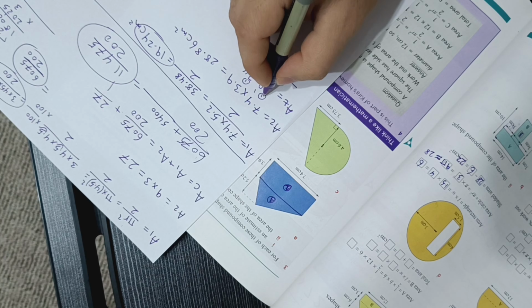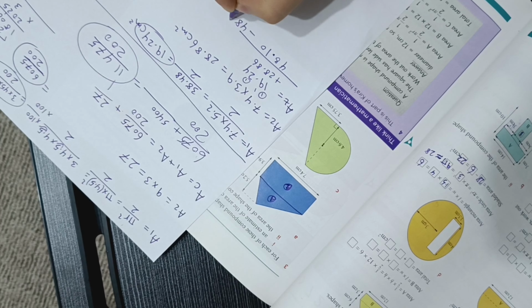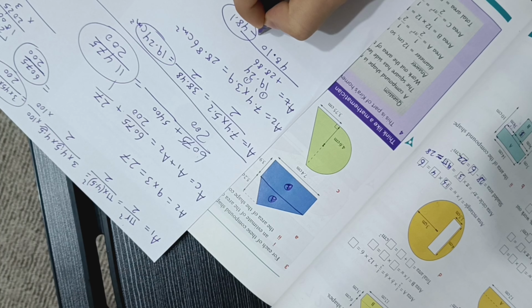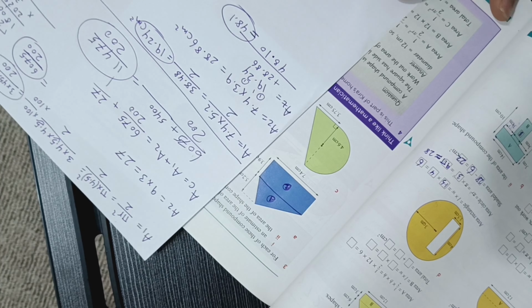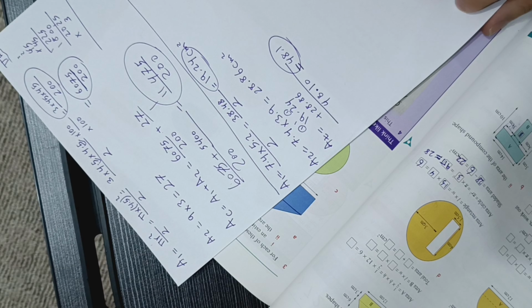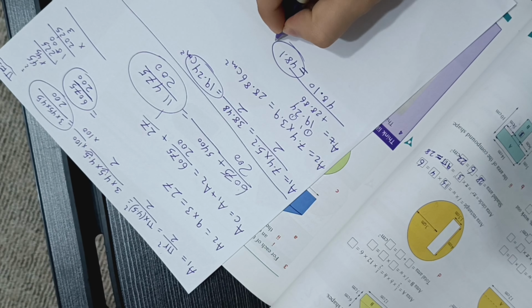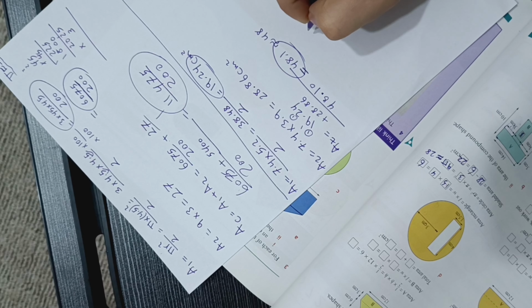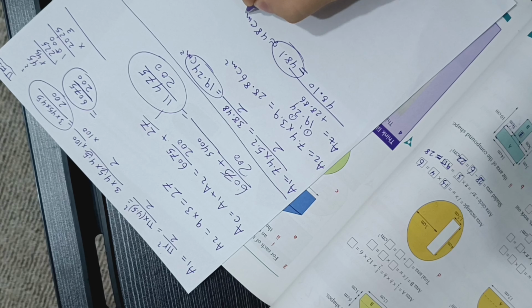So the total is 48.1. That is the estimation for the area of the shape, and it is almost equal to 48 centimeters square.